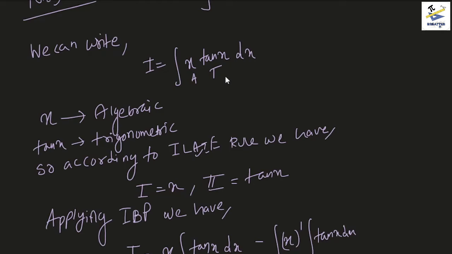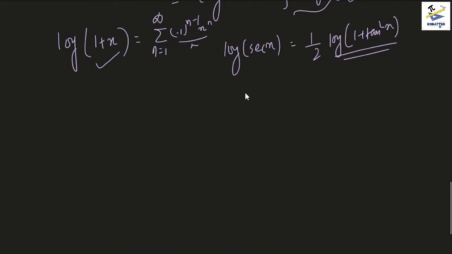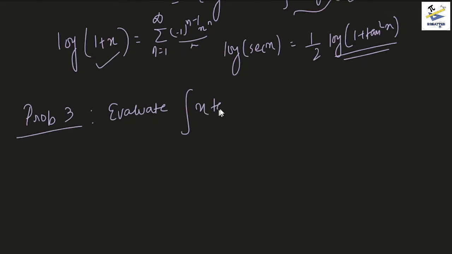Okay, but to quote an example, let us find out another integral. Let us find another one of a similar type. So this one is x into tan square x dx, right?